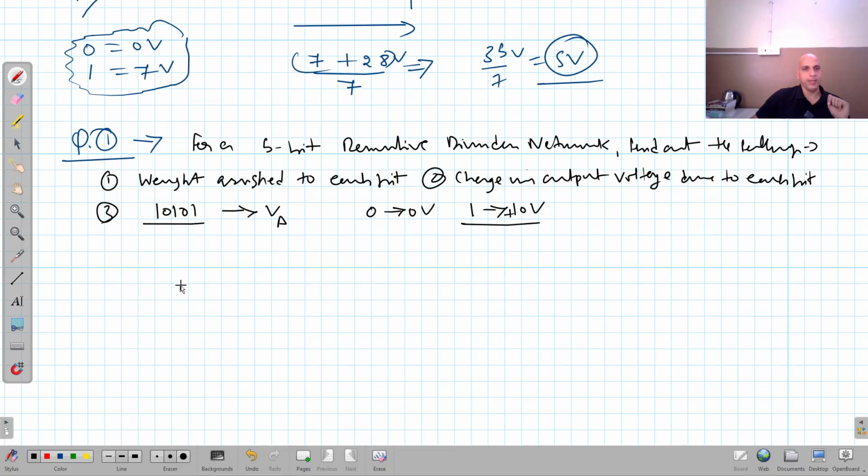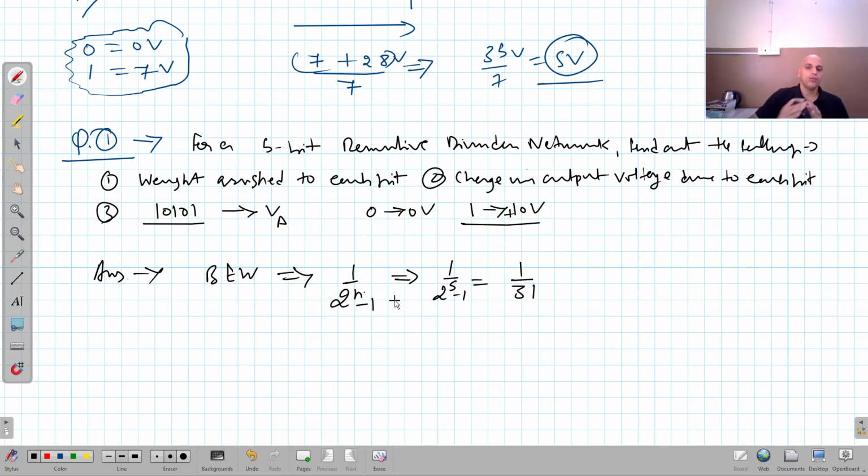So first of all, the binary equivalent weight. We know very well it is equal to 1 upon 2 raised to power n minus 1. So n is 5, so it becomes 2 raised to power 5 minus 1, so 1 upon 31. So 1 upon 31 is the weight of the LSB. Similarly, for the second LSB, it is 2 times the first, 2 upon 31.